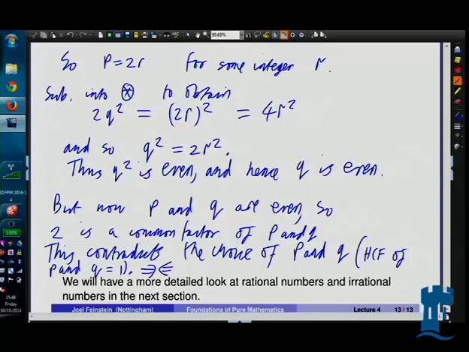We're going to work with proof by contradiction, otherwise you lose a whole mass of mathematics. So we'll stick to using proof by contradiction throughout pure mathematics. So root 2 must be irrational.